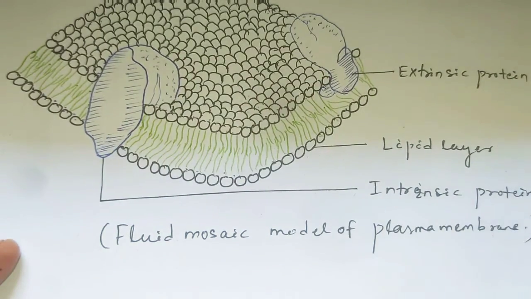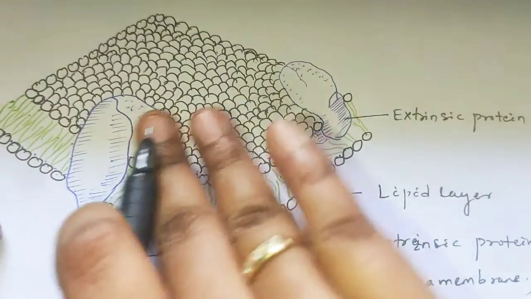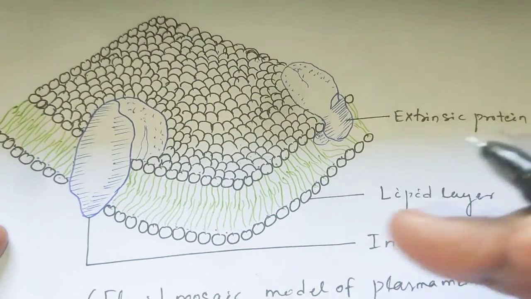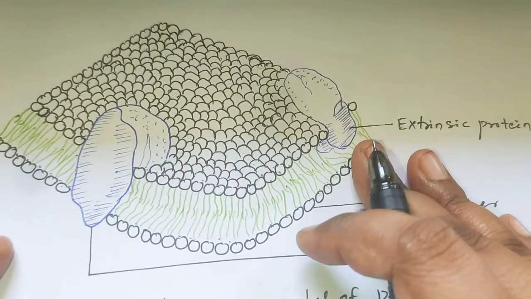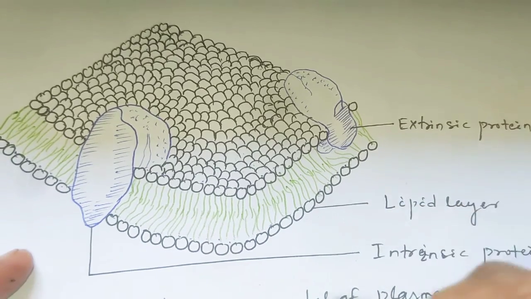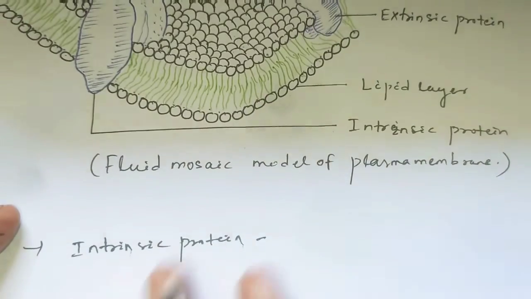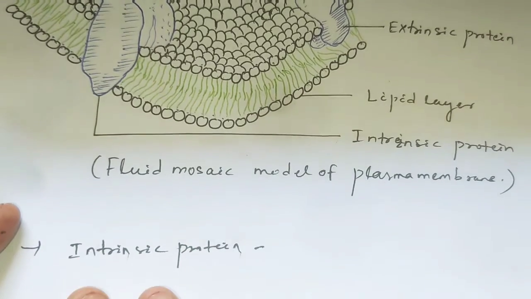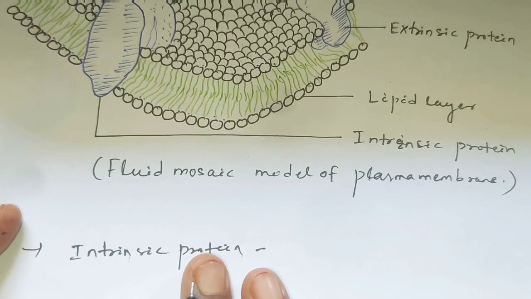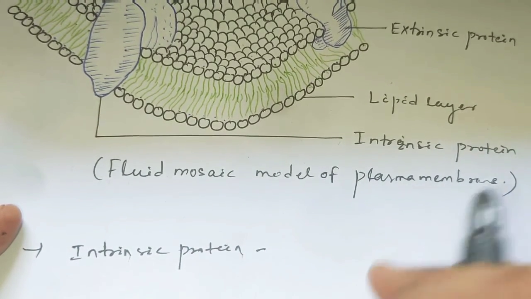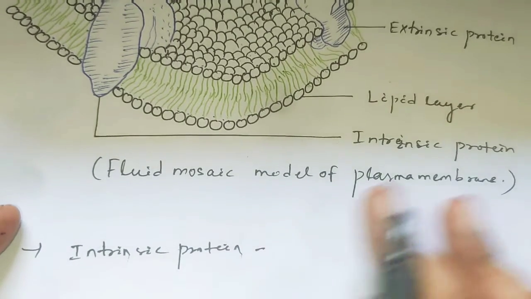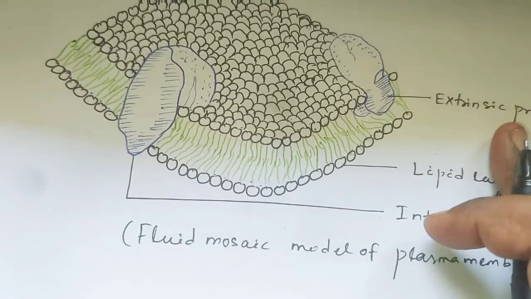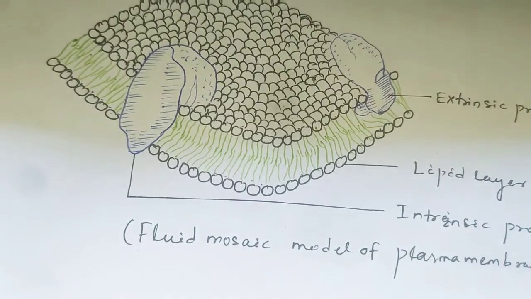In that case, the protein molecule is known as intrinsic type. But if it is oozed out or not inserted deeply, then it is known as extrinsic protein. Also one most important thing: the intrinsic protein can't be separated easily, but the extrinsic protein is easily separated.